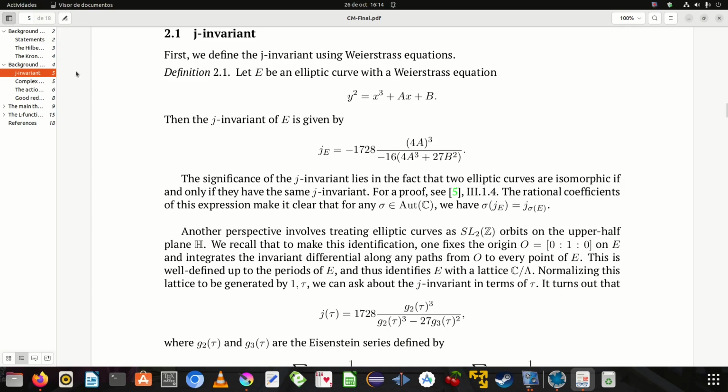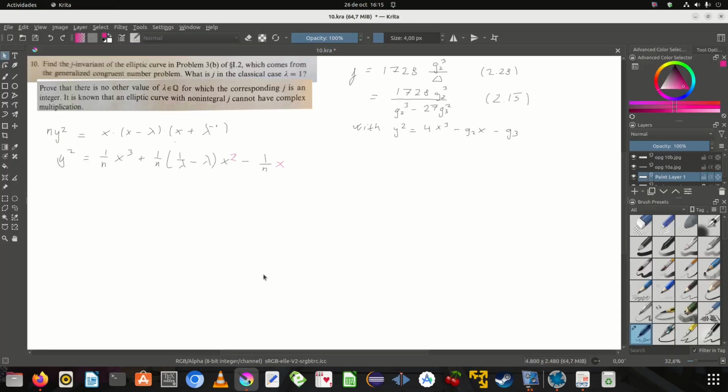The next thing was the j-invariant. If we write the polynomial in this form, what is the j-invariant then? And this is the form. It doesn't come out well. Well, this is the formula that I already guessed from the data in the book.